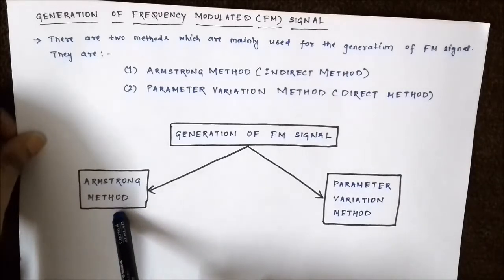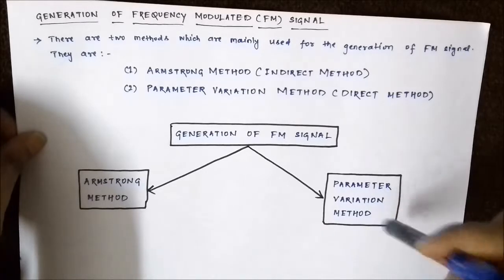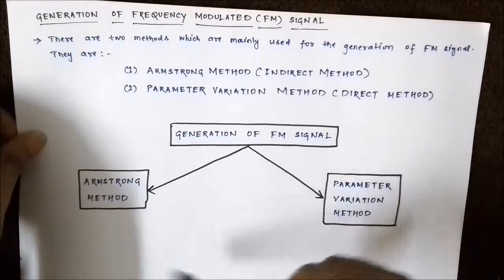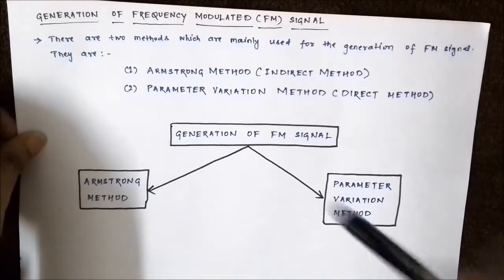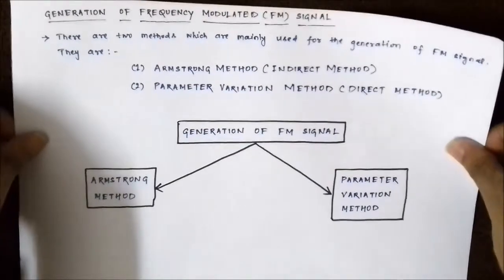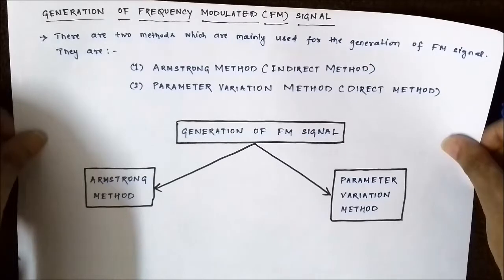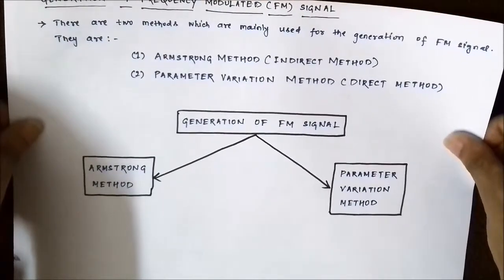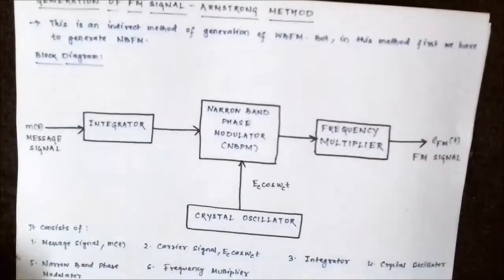First, the Armstrong method. Second, the parameter variation method. Now we'll be discussing each of these methods separately in detail. In this video, we will be discussing the Armstrong method of generation of frequency modulated signal. And in a separate video, we will be discussing the parameter variation method. So let us start the Armstrong method of generation of a frequency modulated signal.